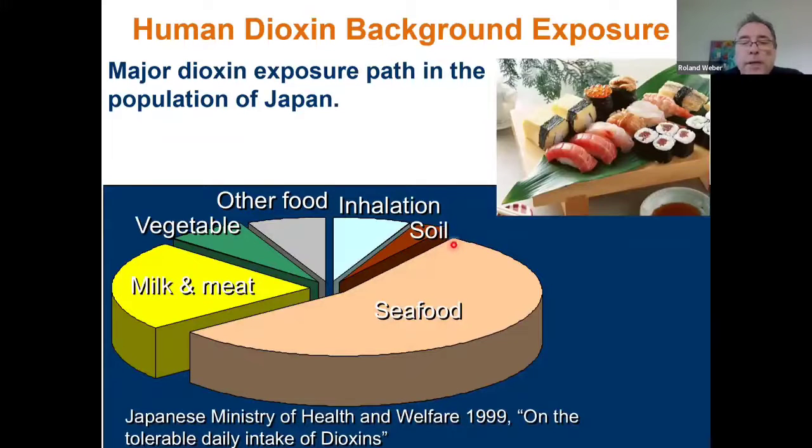So in Japan, more than 50% of all dioxin exposure come from seafood, but also a share comes from milk and meat. And at that time, when this exposure assessment have been done in the end of 1990s, Japan had a high capacity of waste incineration. So therefore, you see here some exposure also from vegetables impacted from waste incineration.